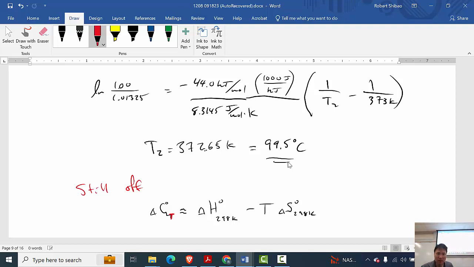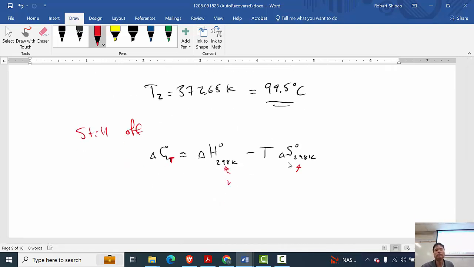So again, we're using the wrong delta H and the delta S because we don't have the correct ones.